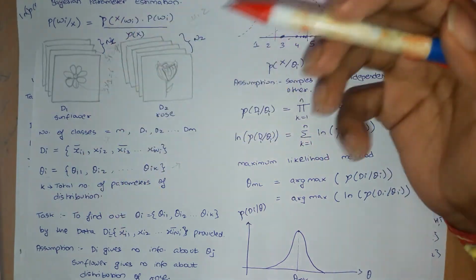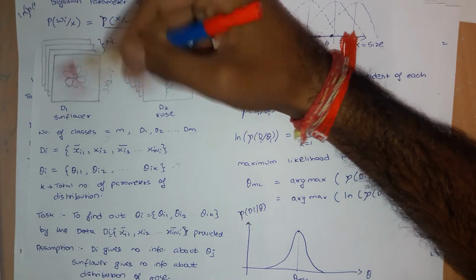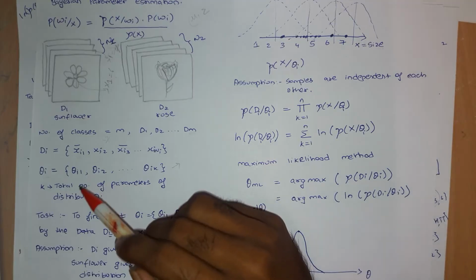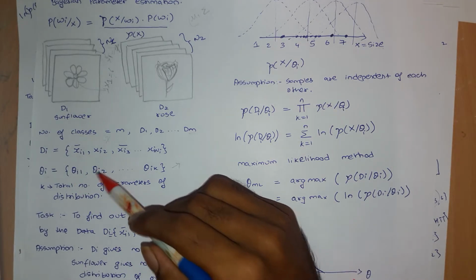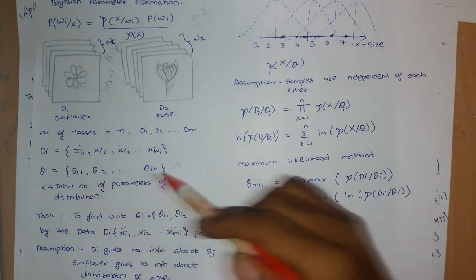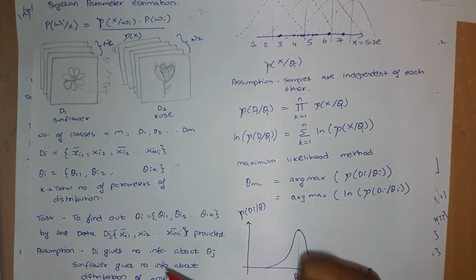So I'll repeat myself: we just have the data, and we have to estimate the parameters mu and variance in case of a Gaussian, or in general the k parameters of any distribution.